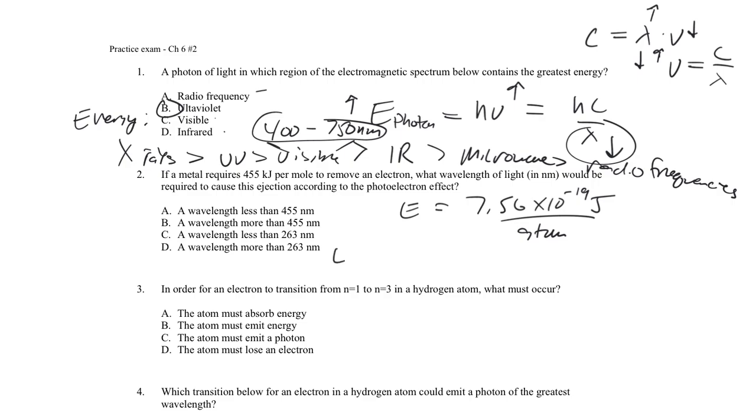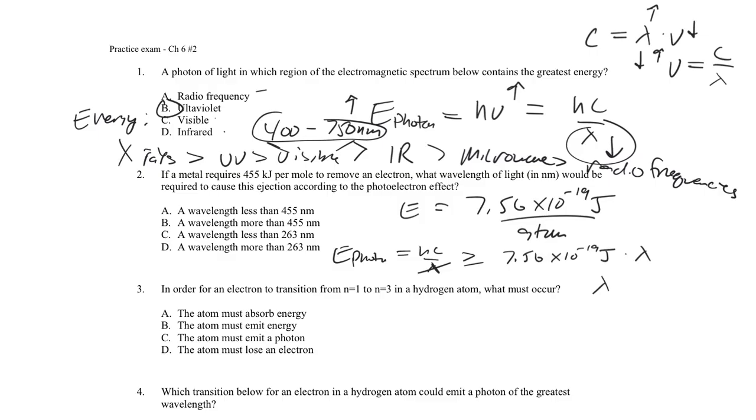So we want the energy of our photon, which is equal to hc over lambda, to relate to the wavelength. I want that to be greater than or equal to 7.56 times 10 to the minus 19 joules. So I can multiply lambda over to here, and I can divide both sides by 7.56 times 10 to the minus 19.